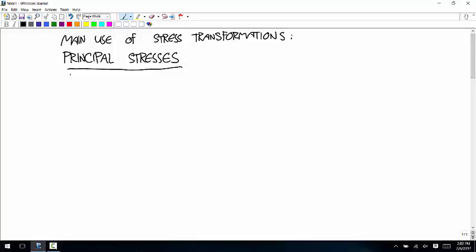And here's the idea of the principal stresses. For any state of stress, there's a coordinate system in some orientation.